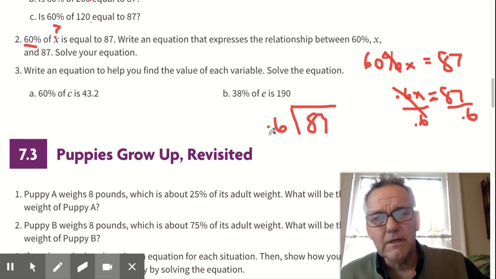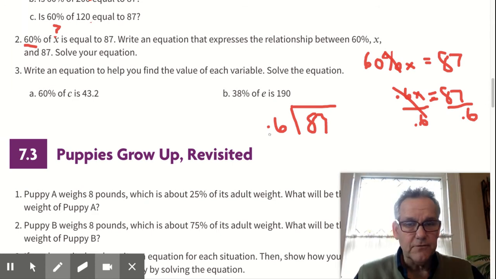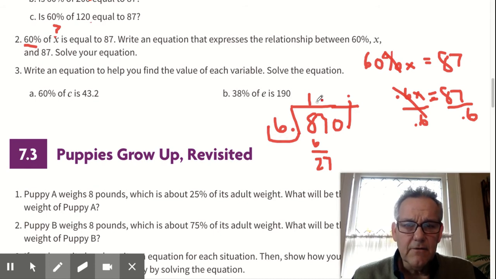So I don't want to divide by the 0.6. We can do it, but it's going to be a little bit confusing. So I'm going to shift the decimal one place to the right, which means I have to do the same thing to the dividend. And then I just divide. Well, this is going to be a 1. And then we're going to have 27. And 6 can be subtracted from 27 4 times.